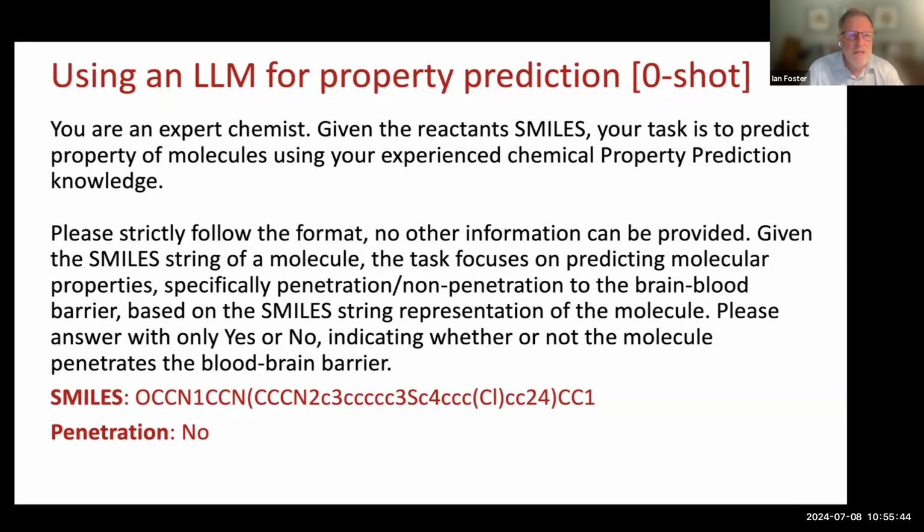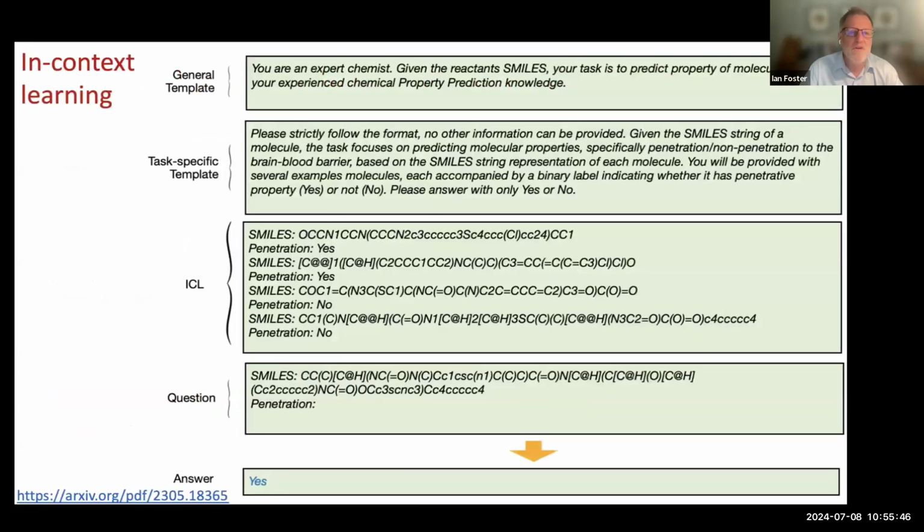But now let's look at the in-context learning case. Here the prompt is the same, but now we give a set of examples. This ICL stands for in-context learning. Then we ask the same question, and this time we get the right answer. Obviously, getting the right answer in the second case and not the first, when you've got a 50% chance of being right or wrong, is not very revealing.